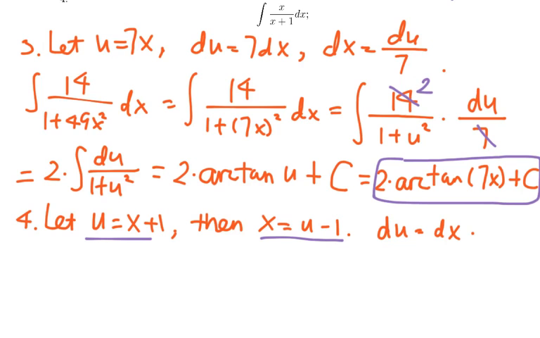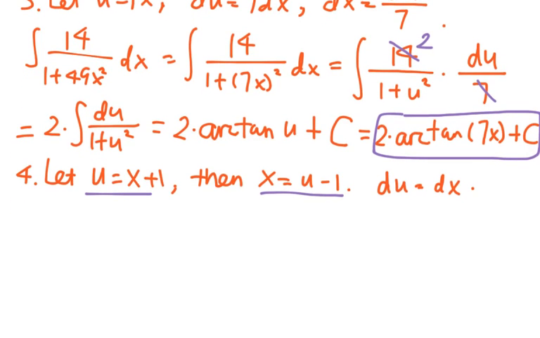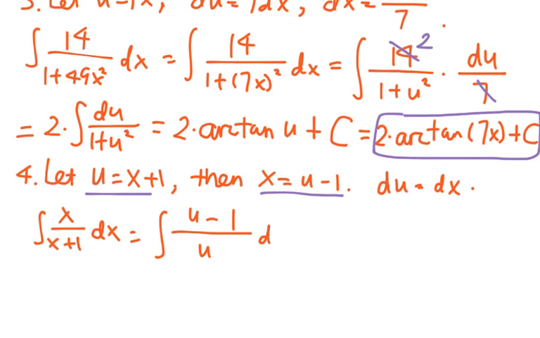Now we're going to plug every piece into the original problem. That is the integral of x over x plus 1 dx equal to the integral of x, which is u minus 1, over the denominator x plus 1, which is just u. Then dx is equal to du, and we replace dx by du.